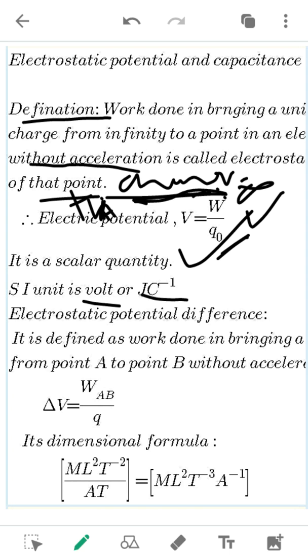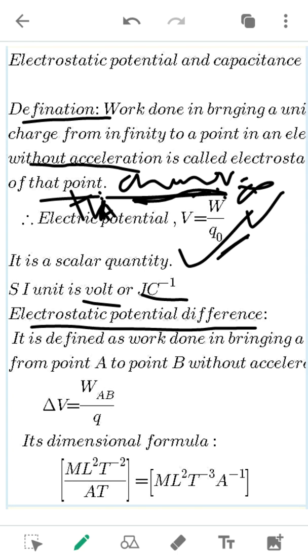Okay. So this is the definition for electrostatic potential. What is the difference is, the unit positive charge is brought from infinity to a certain point. Okay. Then the next one is the electrostatic potential difference.